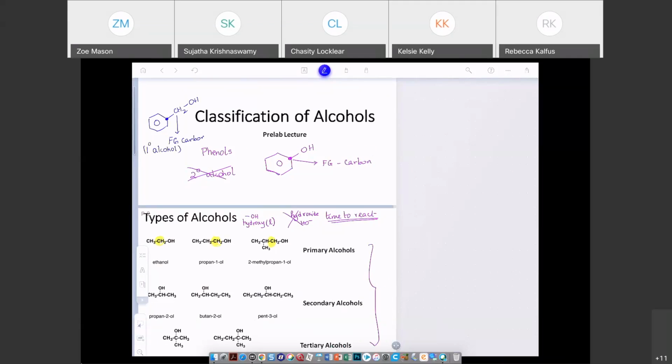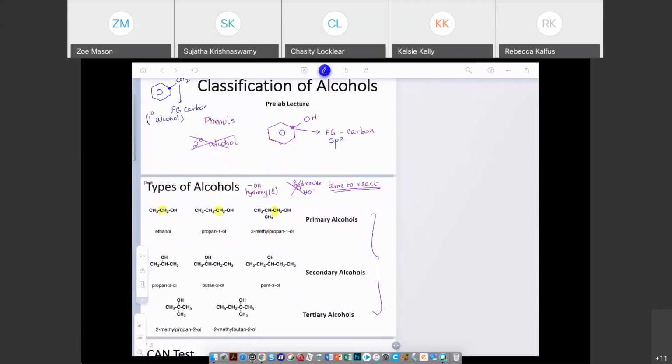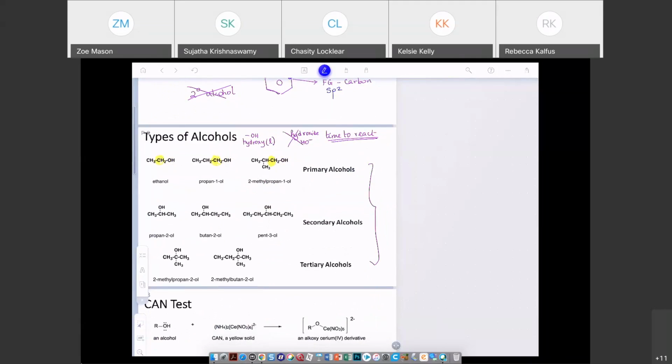The classification is important not just for nomenclature, that's kind of dull and boring, but really for the reactions. Phenols show very unique reactions because the functional group carbon is an sp2 hybridized carbon. In primary, secondary, and tertiary alcohols, all functional group carbons are sp3 hybridized.